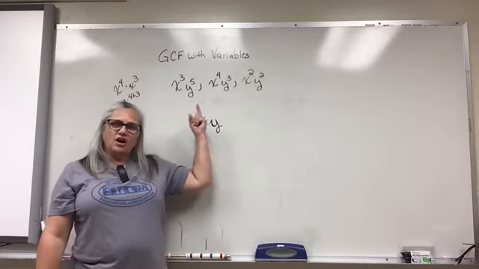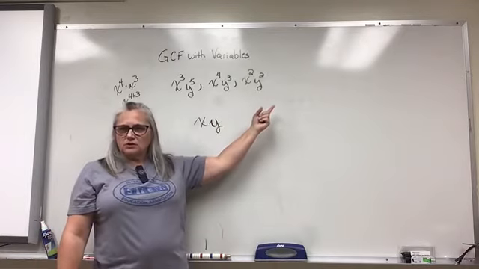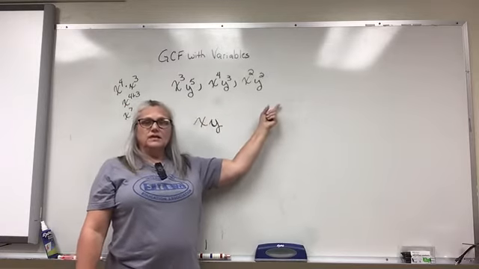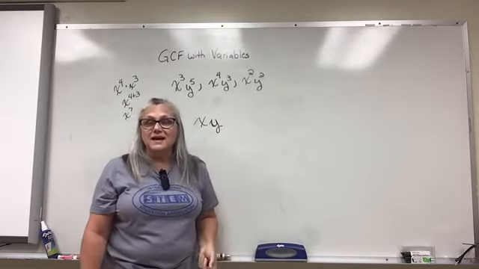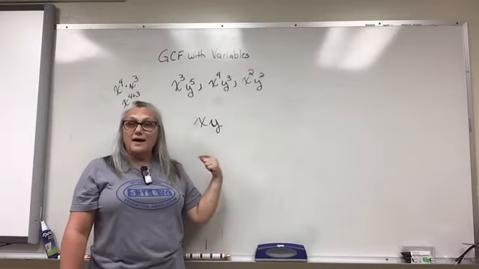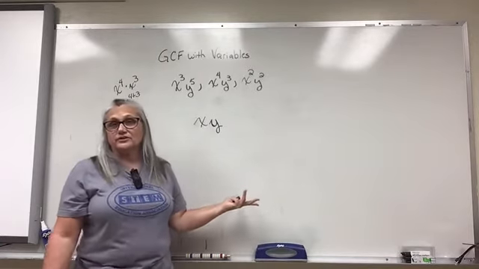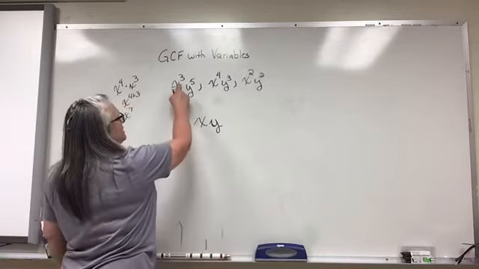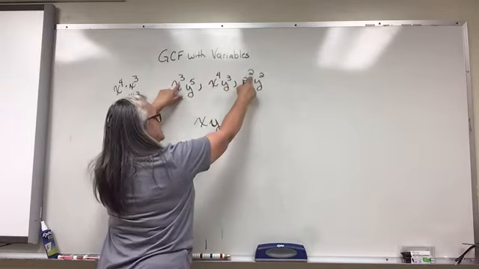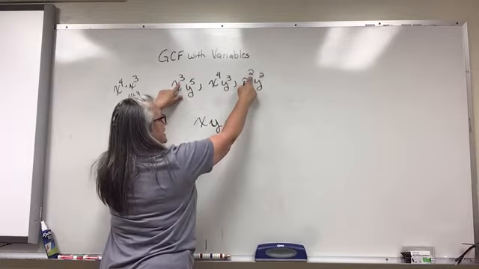Well, if I can take all of these exponents apart, then the only thing I'm going to have to do is look for the least exponent on both my x and my y, and that's going to be my common factor. So I have an x to the third, an x to the fourth, and an x squared, or x to the second.